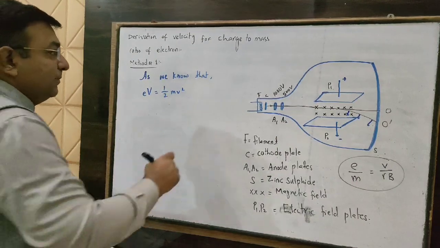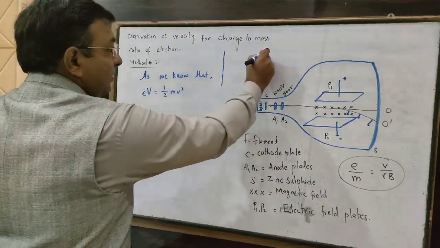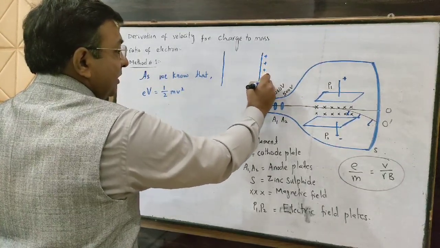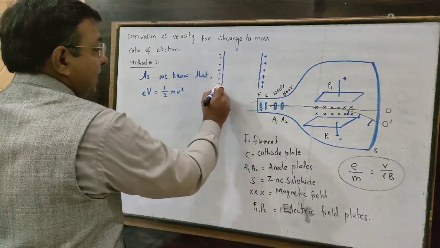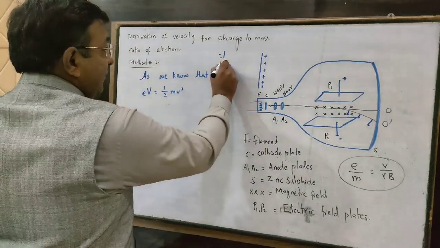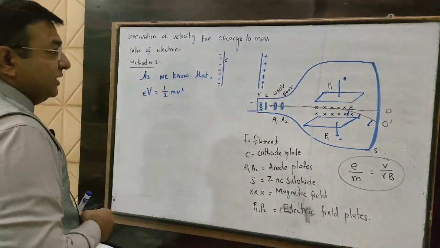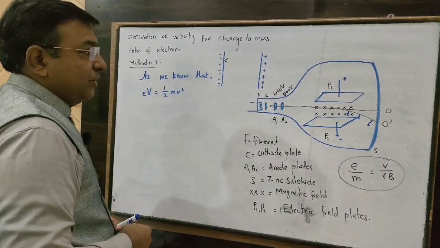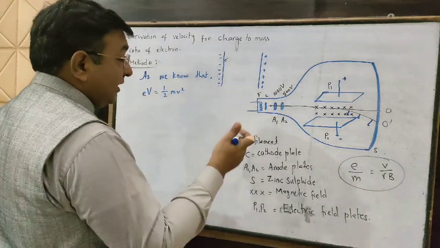This equation is obtained by the concept that if there are two plates, one has positive charge and the other negative charge, and we put an electron at this point, this electron can increase its velocity in the direction opposite to the electric field.